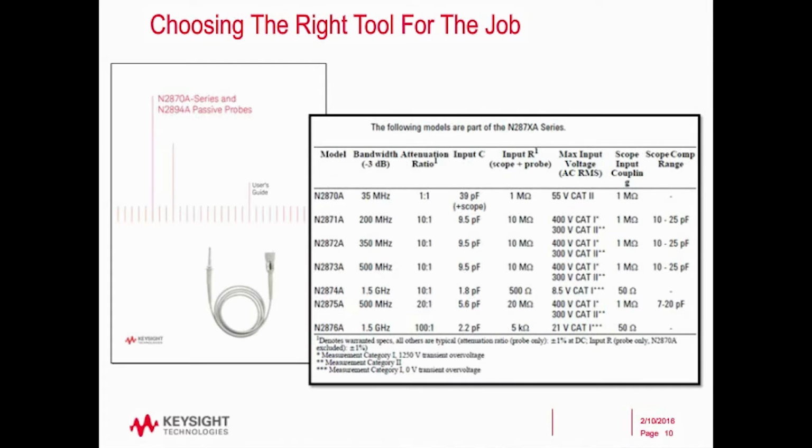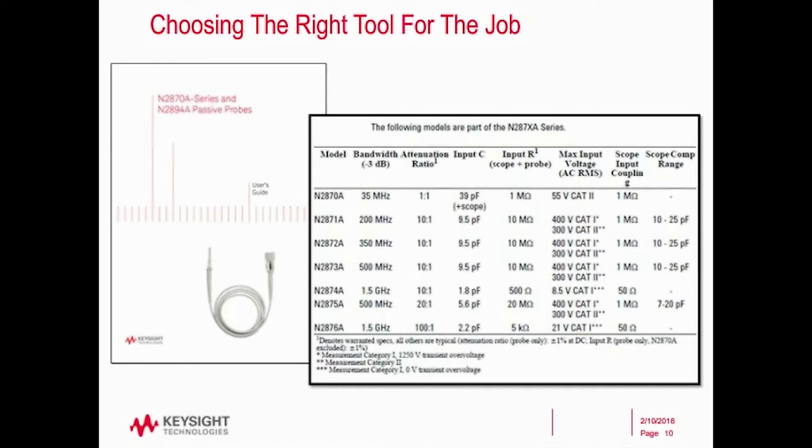So in the context of what we're talking about, where we've got this wall of tools and we've got to choose the right tool for the job, how do I choose the right tool for the job? Well, the way you start when you're talking about something like a scope probe is you go look at the data sheet, the specifications, the characteristics. If I take something like this passive probe here, we can see that the characteristics and specifications for that list things like bandwidth and attenuation ratio, input capacitance, and so on.